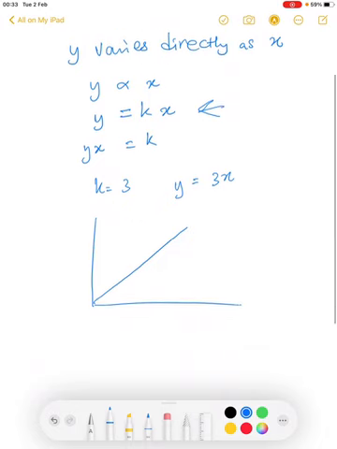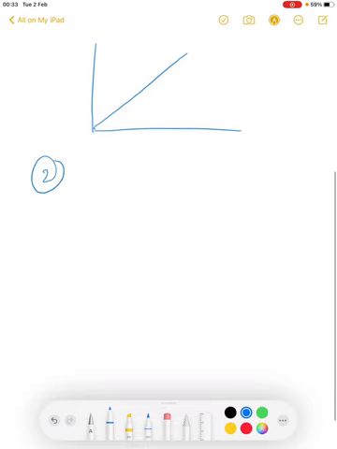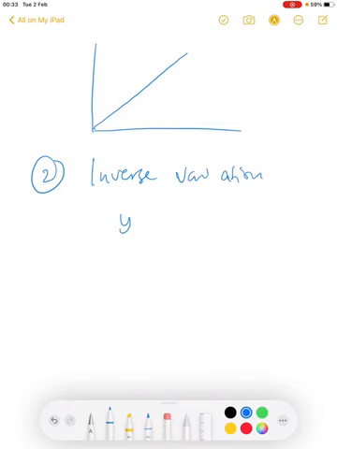Okay, so next is the inverse variation. The simplest one is like this: y is inversely proportional to x. So the symbol is y inversely proportional to x, not x to the power n.